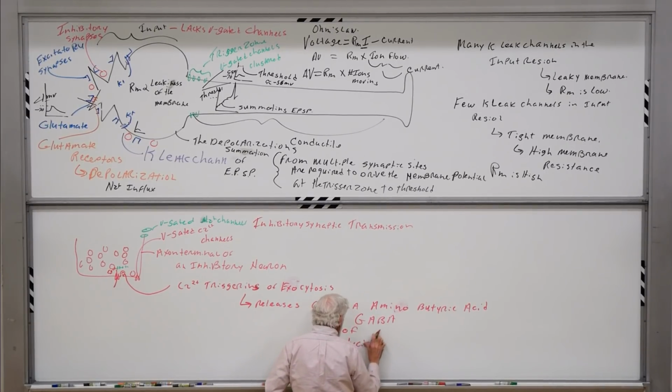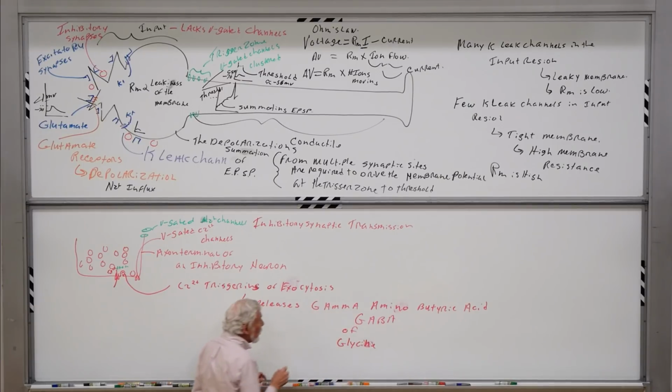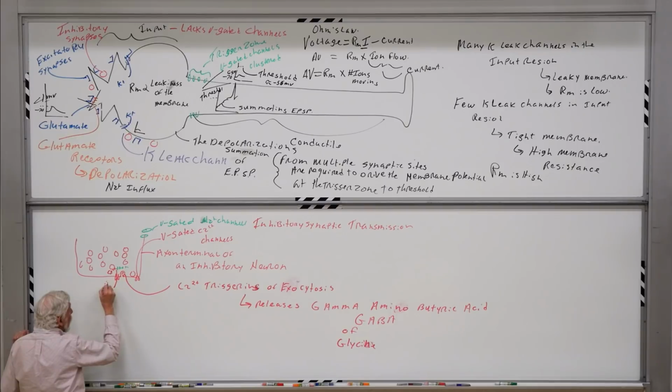In the brain, most of the inhibitory neurotransmitters are GABA, so let's talk about GABA. So now we have released this neurotransmitter called GABA.